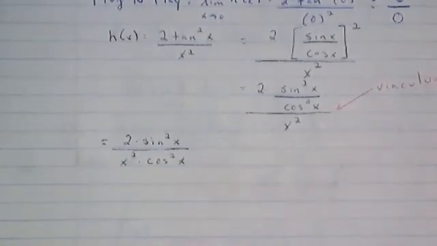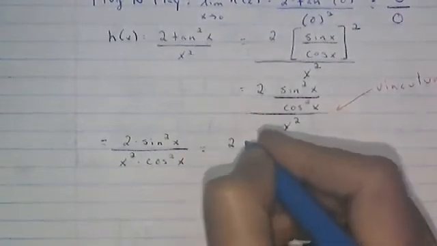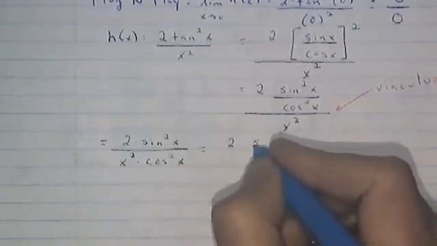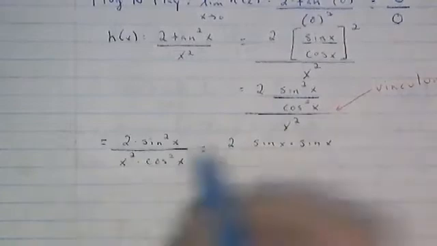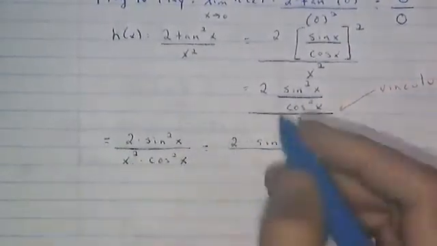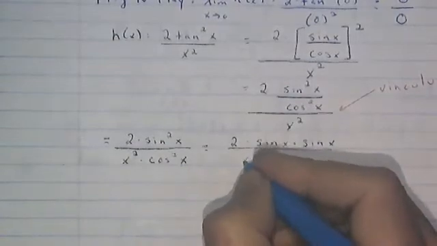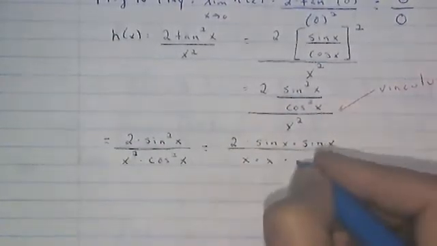Anybody see it? What do we see? How many sine of x's are really here? Sine of x times the sine of x is the same as sine squared x. X squared really means what? X times X. And we'll leave cosine squared x alone.